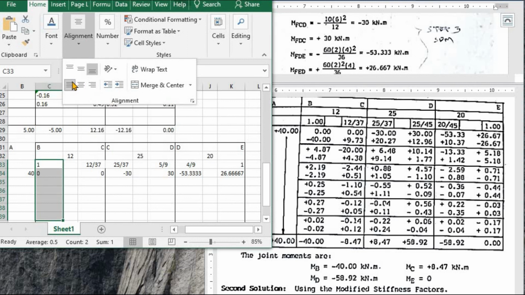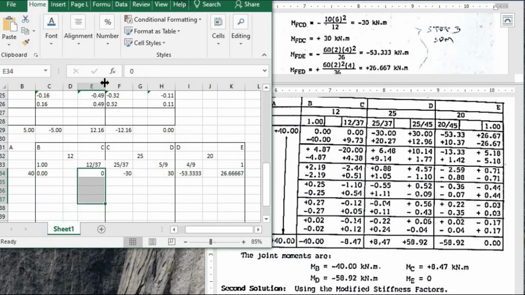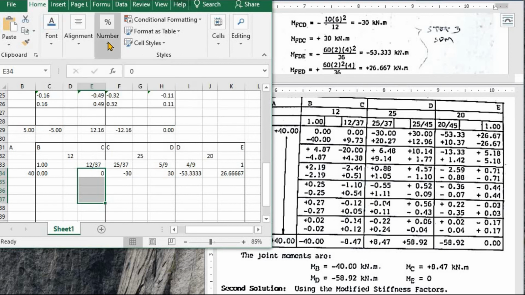Tapos, gawin mo siyang 2 decimal places. And then, here, align right, and gawin din natin siyang 2 decimal places.